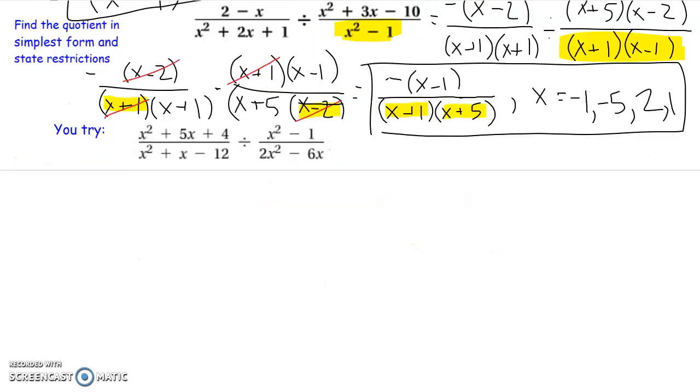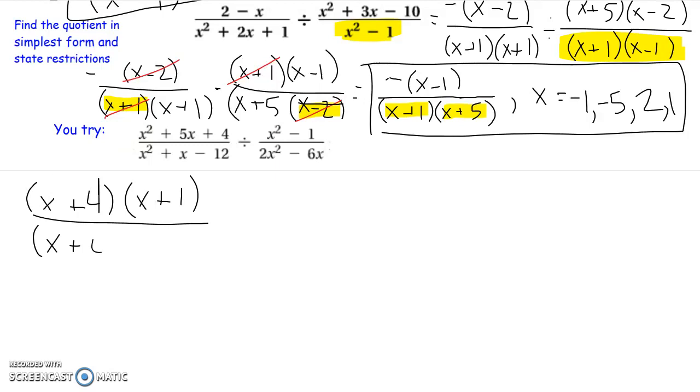For the last division problem, we again start by factoring. We can factor the numerator of the first fraction as x plus 4 times x plus 1. We can factor the denominator as x plus 4 times x minus 3.